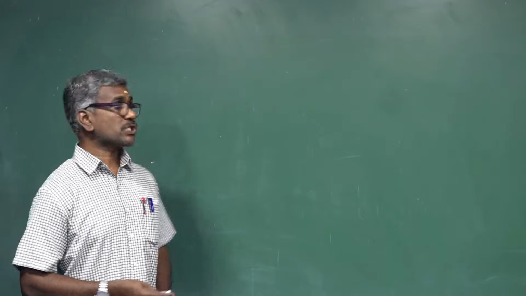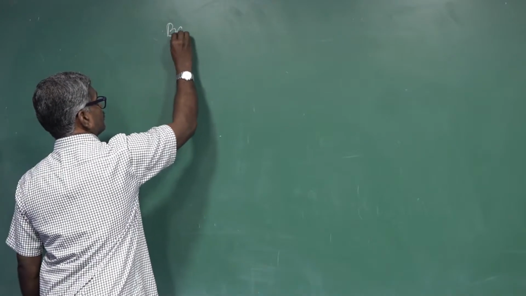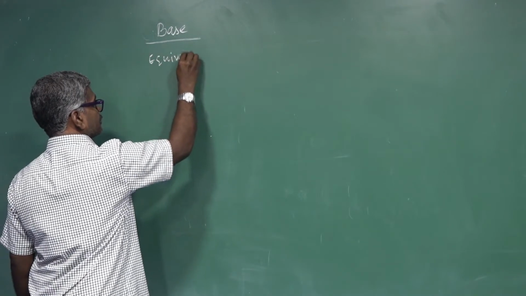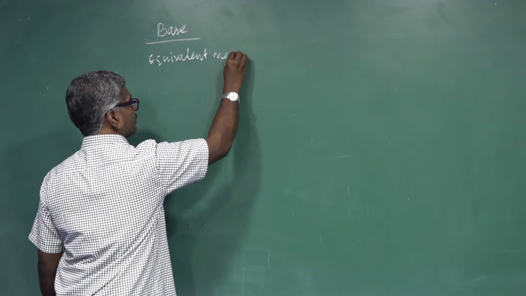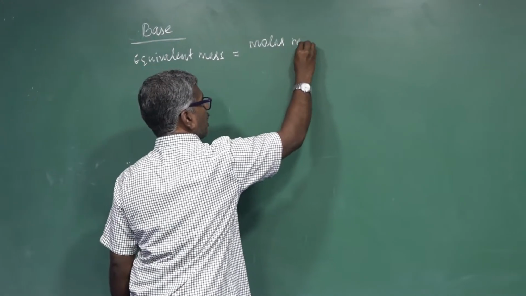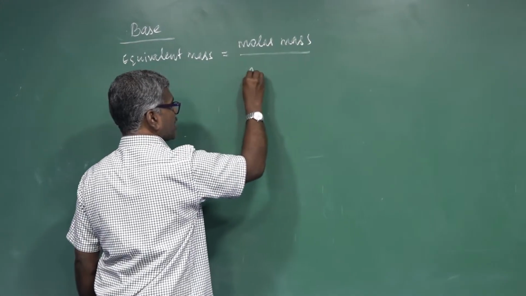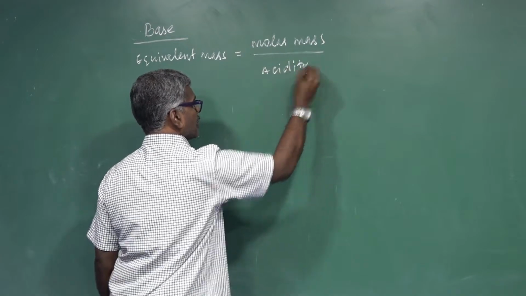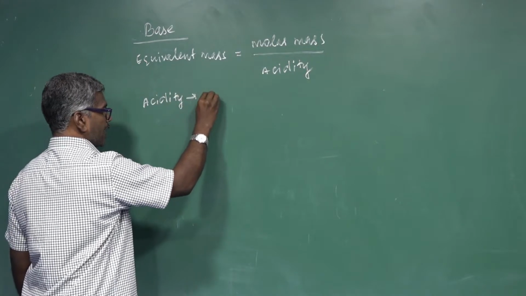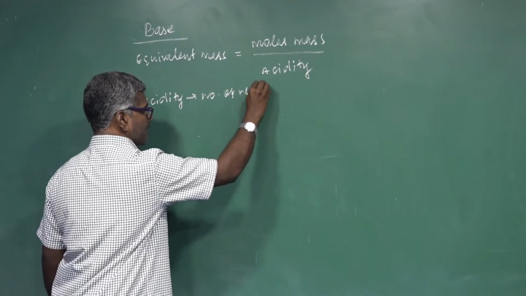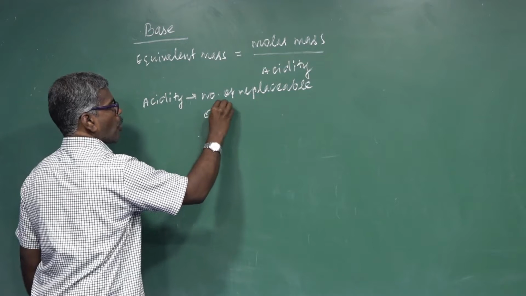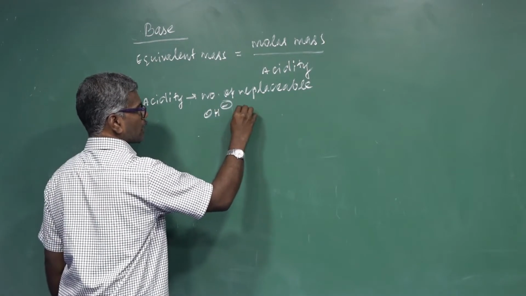Next one, base. Equivalent mass of base should be equal to molar mass divided by acidity. Acidity is nothing but the number of replaceable OH minus ions per molecule.